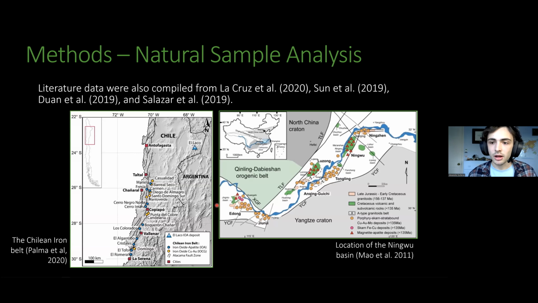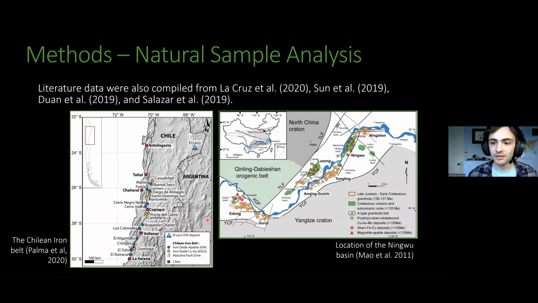Our samples that we analyzed are mostly recently formed Chilean ones or Chinese ones found in the North China Craton. We were also donated some American samples from the Buena Vista deposit in Nevada and the Iron Springs Formation in Utah.